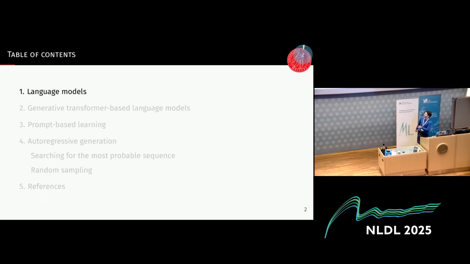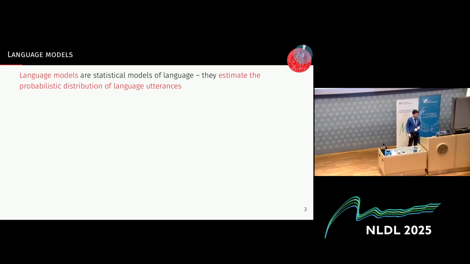So, okay, let's start. I will start with just introducing what language models actually are. Language modeling is a very old concept, actually. It was introduced back in the 1940s by Claude Shannon. And basically, as the name suggests, language models model language. They are statistical models of language that try to estimate the probability distribution of language utterances.